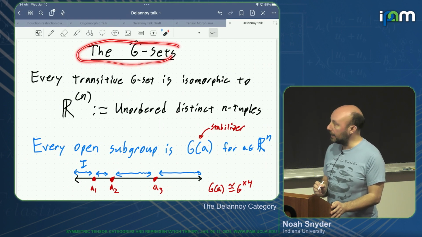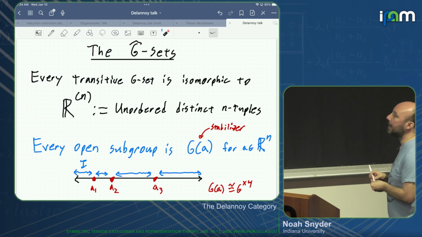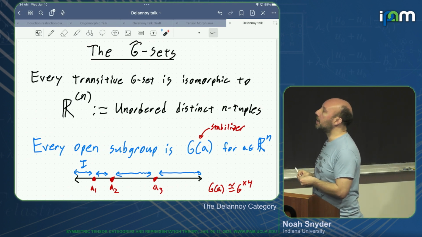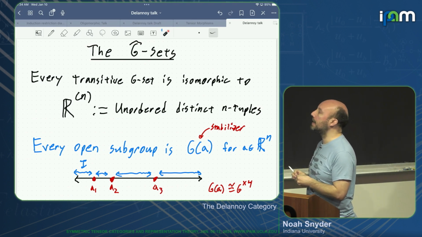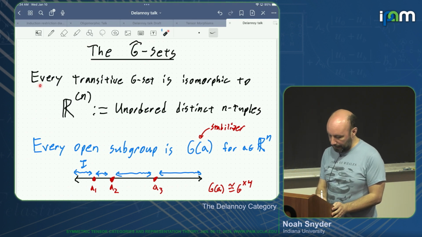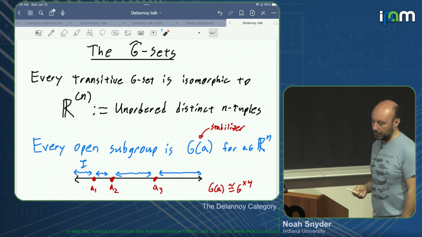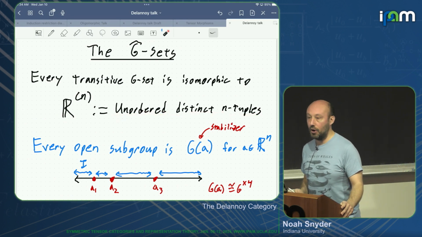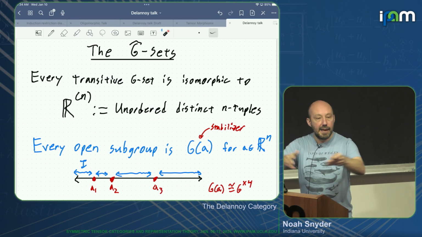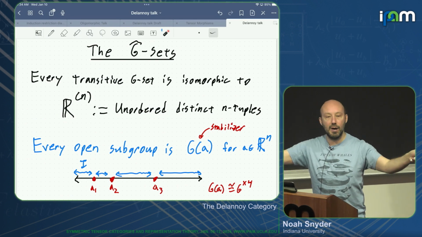So I want to tell you what the G hat sets look like. So I'm going to tell you what all the open subgroups look like and what all of the H sets for each of those open subgroups looks like. So every transitive G set looks like R^n, which is unordered distinct n tuples of points in R. So you take n points in R wherever you want.